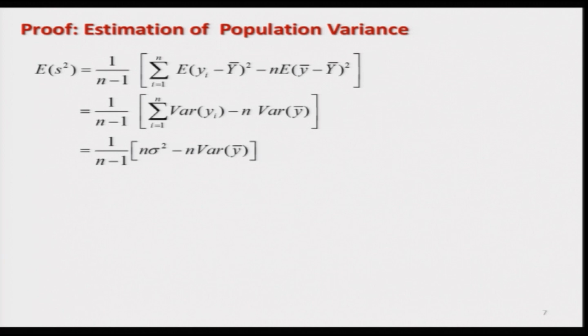First we find the expectation of s square. This becomes the expected value of (y i minus Y bar) whole square, and n times the expected value of (y bar minus capital Y bar) whole square.